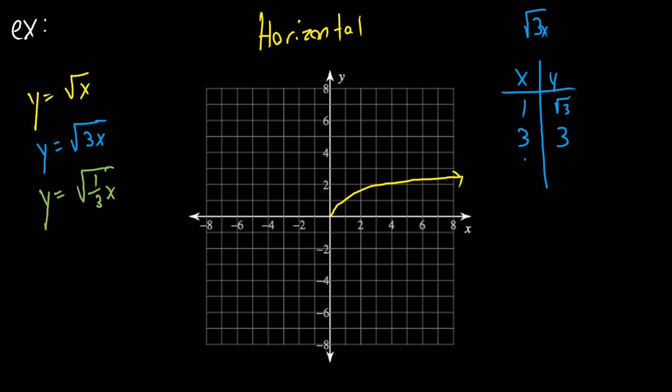What if we do 3 times 9? That's square root of 27. That doesn't really work out. Well, at least we have some point, right? I think square root of 3 is about 1.7. So we know this is going to be up here, and we know we have a point at 3, 3.